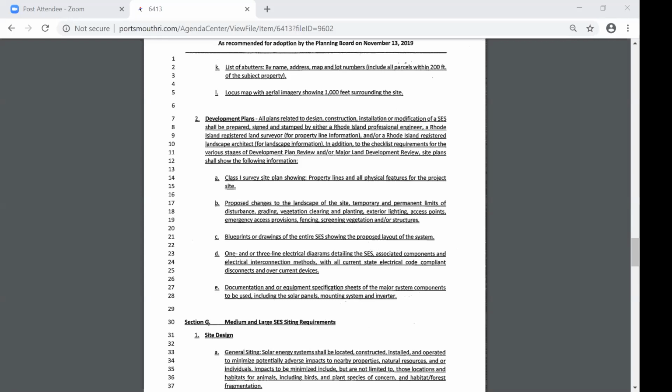No penalties whatsoever. And yeah, they were supposed to do it, but oh well. That's something that I think we need to fix as a town, and maybe that's not for tonight, but you could at least put in a penalty for not notifying the abutters in this ordinance.